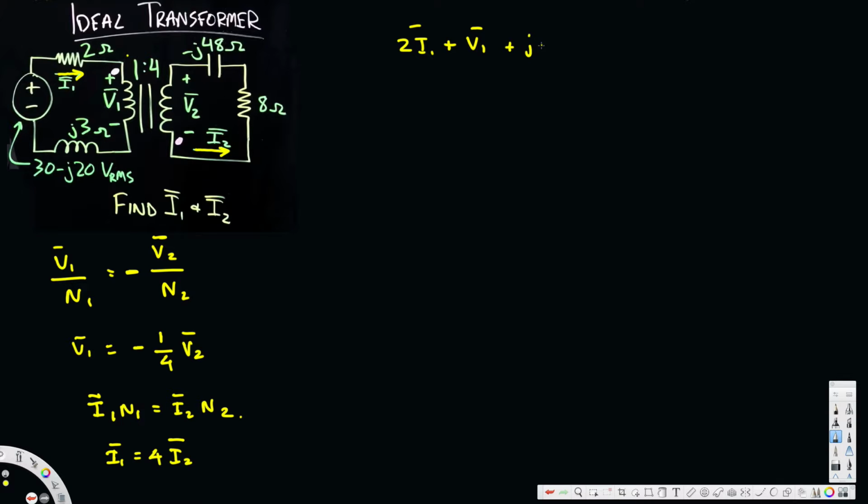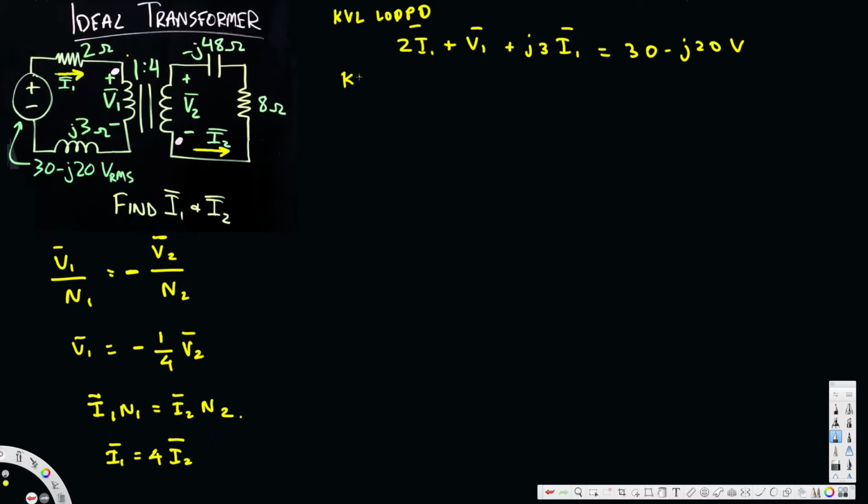The impedance is J3 multiplied by I1 bar, and that equals the voltage source, 30 minus J20 volts. So this is equation number 1, for KVL in loop 1.